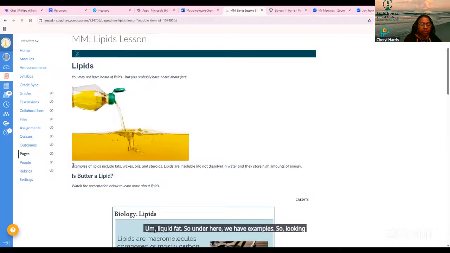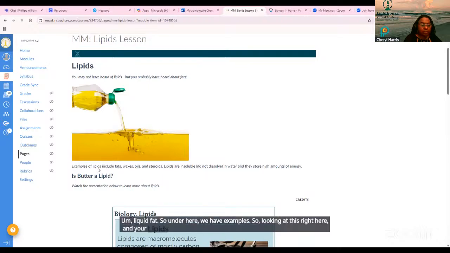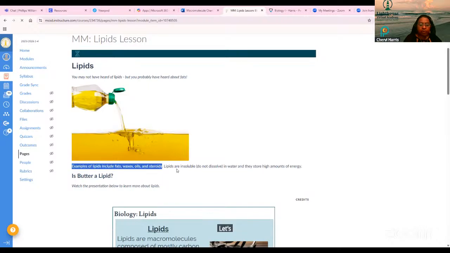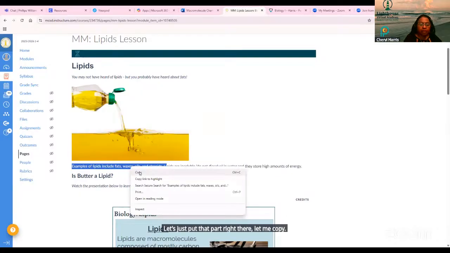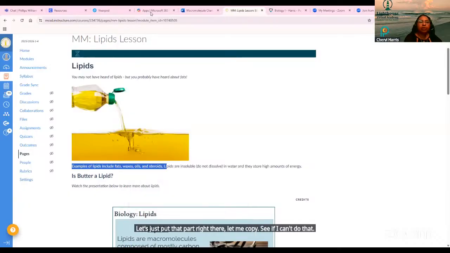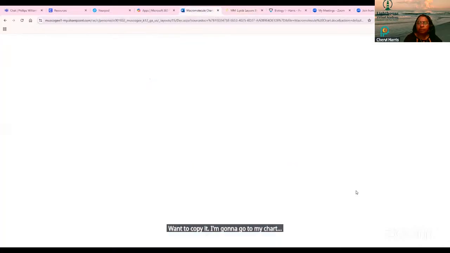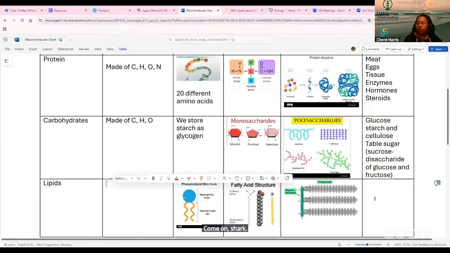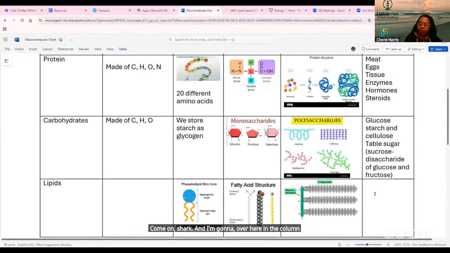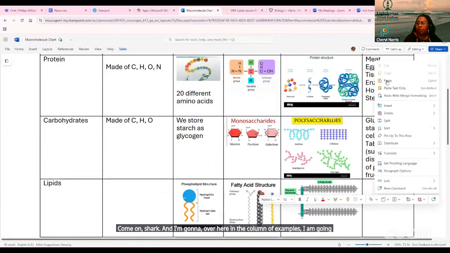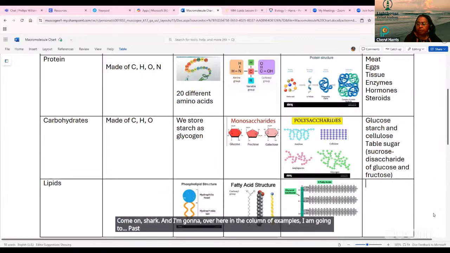So looking at this right here in your last column on your chart, let's start by putting these in. Let me copy that part right there. I'm going to go to my chart, and over here in the column of examples, I am going to paste the examples.